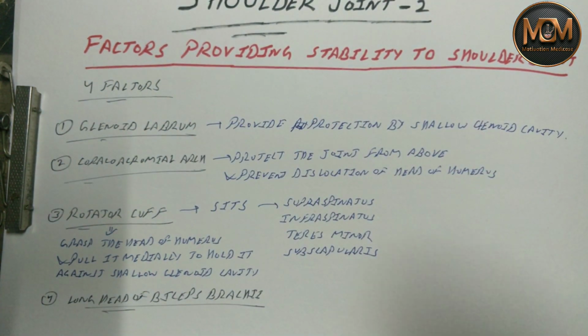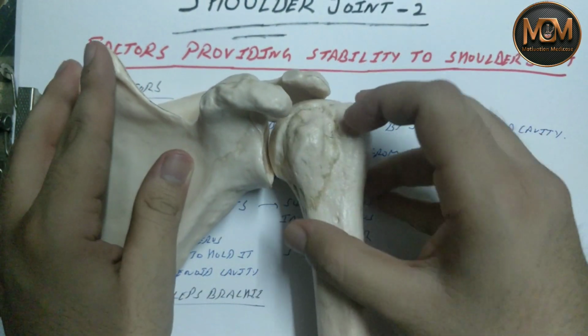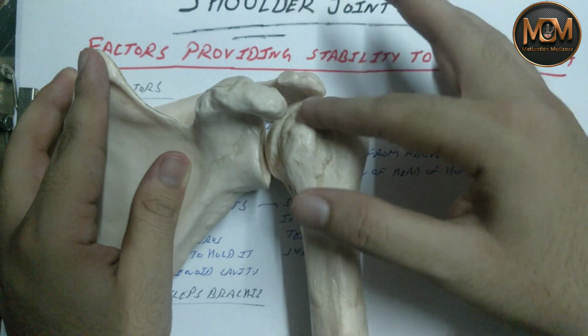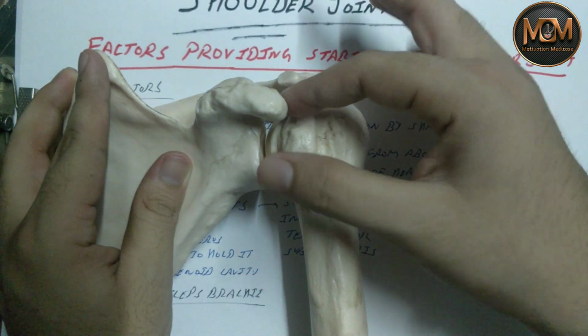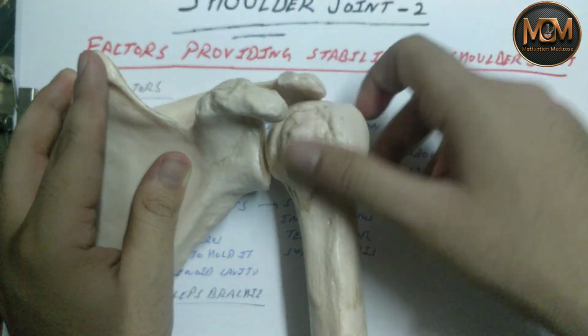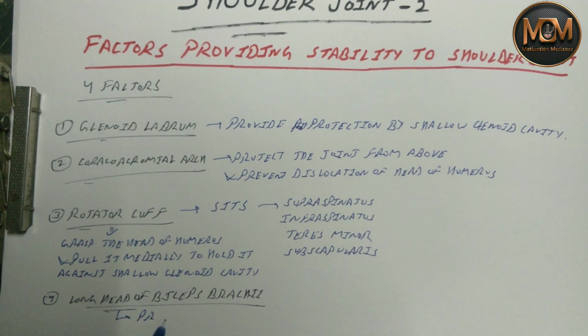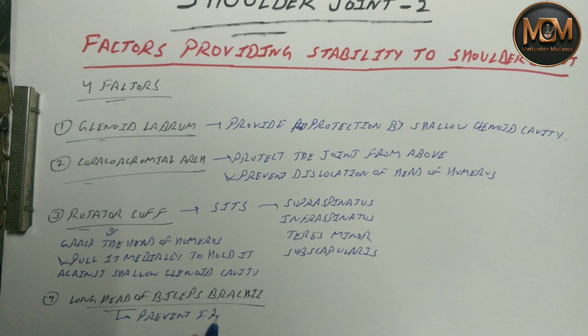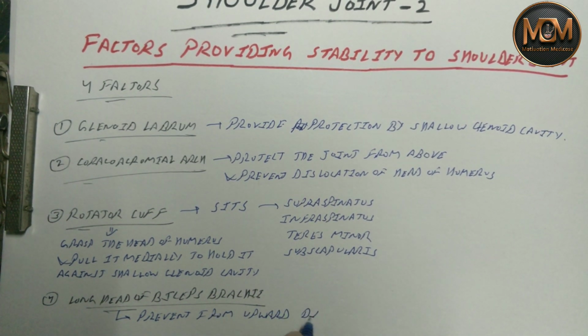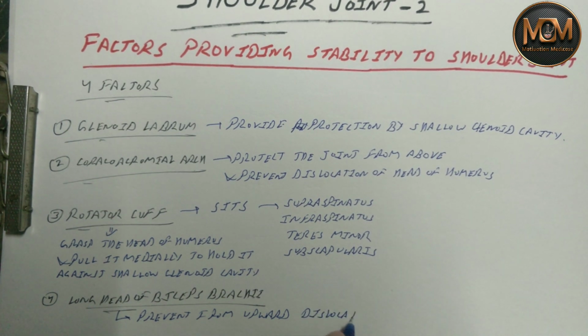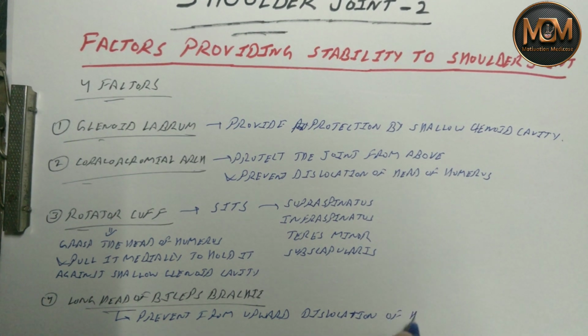This muscle is present above in this region, passing from this, and it is attached to the coracoid process. So this long head of biceps brachii also helps prevent upward dislocation of the head of humerus.